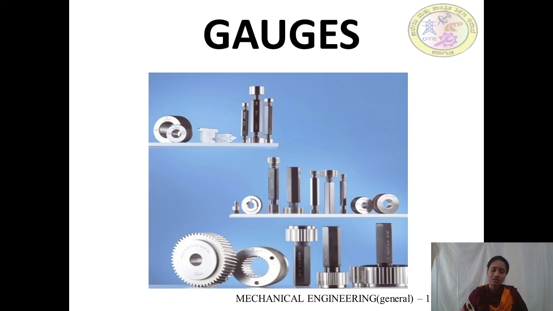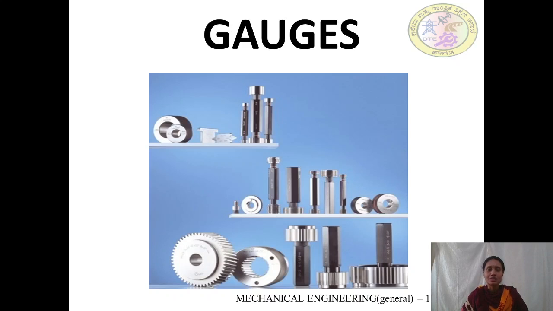We also discussed the progressive plug gauge. The progressive plug gauge is used to check the dimensions of small through holes. The main difference between the double-ended plug gauge and the progressive plug gauge is that in the double-ended plug gauge we have the go end and no go end at both ends of the plug gauge, but in the progressive type, the go end and no go end are provided on the same side.